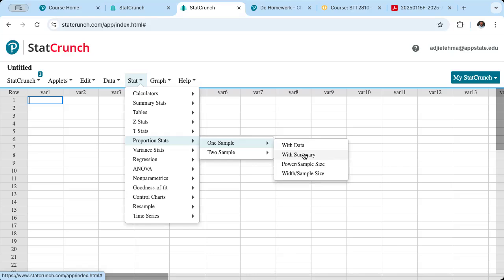Stats, proportion stats, one sample, and then with summary. I recommend that you take part in everything we do here. That way you learn how to do it. Is that okay? Should I proceed? Okay.